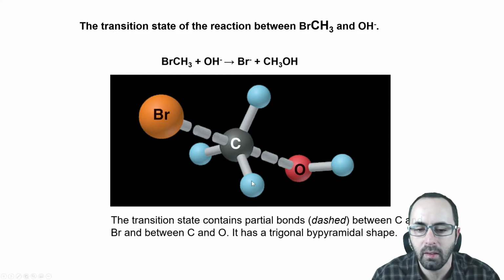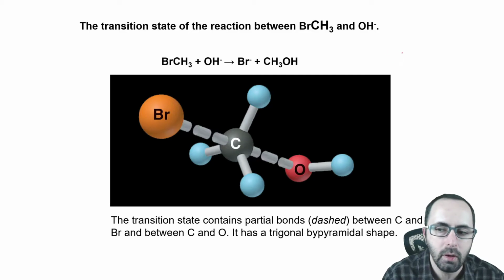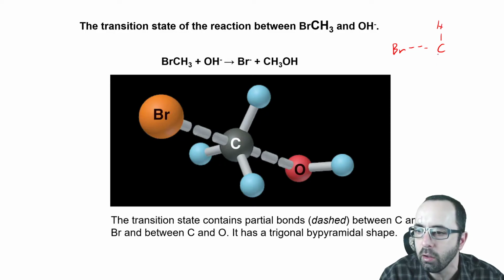You can represent this if I were to draw this on a piece of paper. It's very difficult, you do the best you can. But I might draw bromine dash dash dash to carbon, and then I put an H here, and then I could use wedges and dashes if I want. If I use a dash like this, it generally indicates going back into the page.